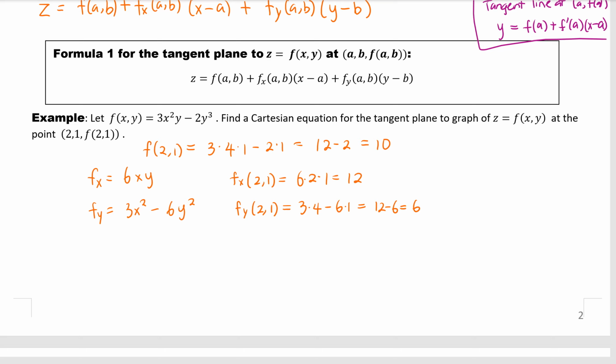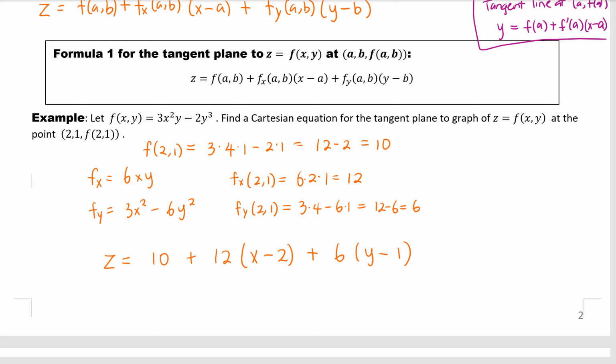Okay, now we're ready to plug into the equation. z equals f of 2, 1, which is 10, plus fx, which is 12 times x minus 2, plus partial f, partial y, which is 6, and then y minus, okay, the point is 1.